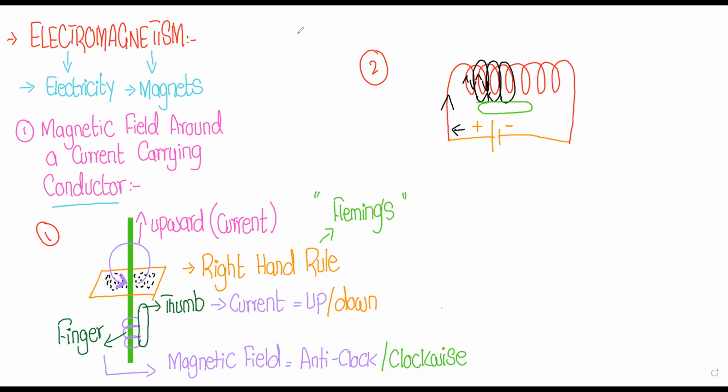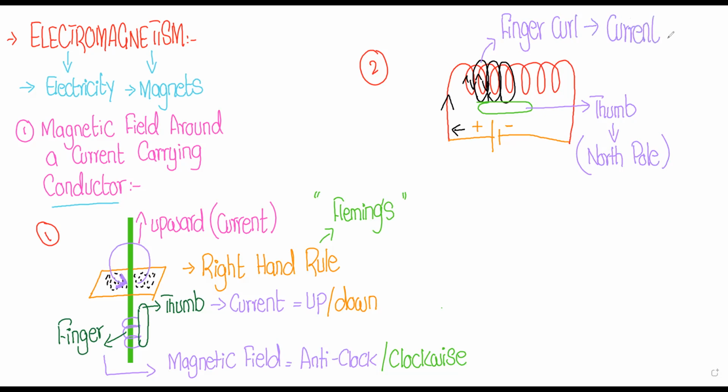And now the indication of the thumb and fingers will be different, because now the thumb is not in the direction of electric current. Basically, the thumb represents the direction of the North Pole in this diagram. When the coil is in circular form, you use the direction of the thumb to indicate the North Pole, and the finger curl represents the direction of electric current.